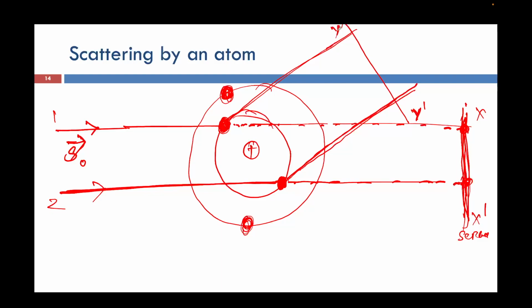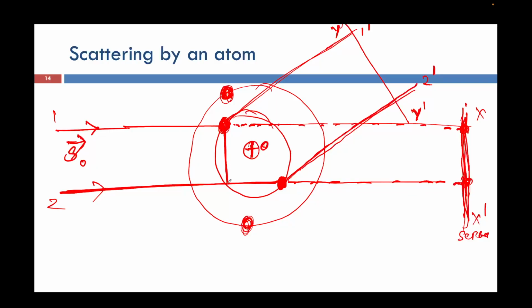Let's take this as the origin, the positive nucleus. This is the 1 dash beam after scattering, and this is the 2 dash beam after scattering.